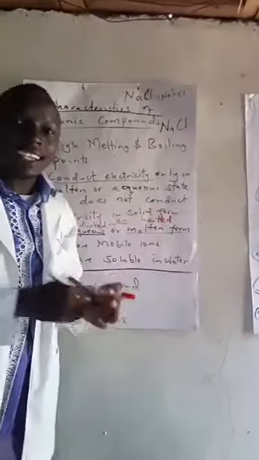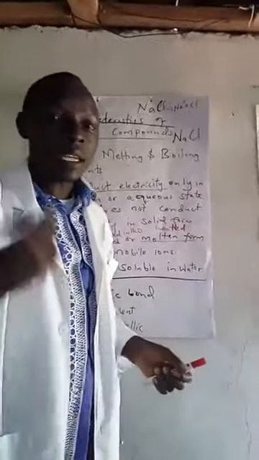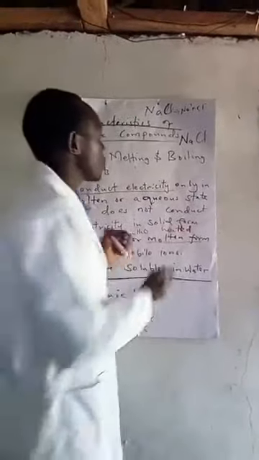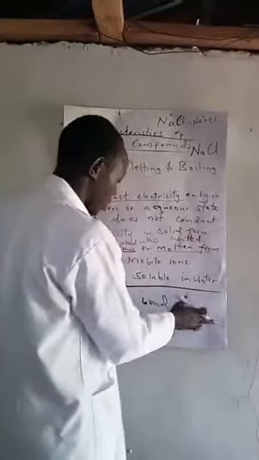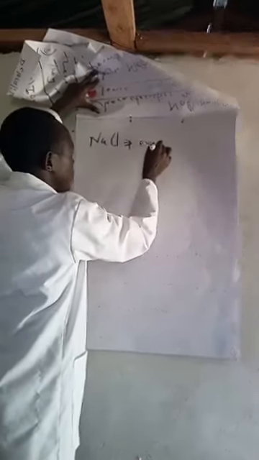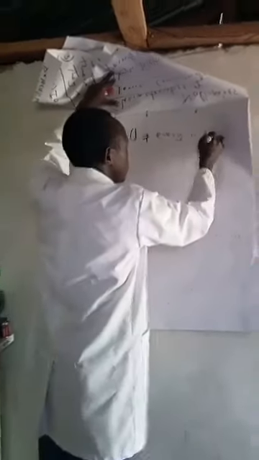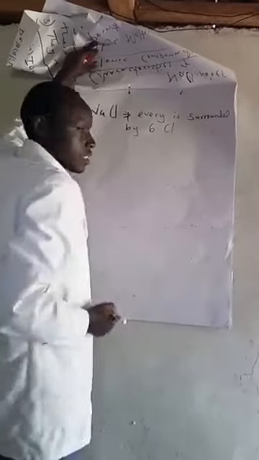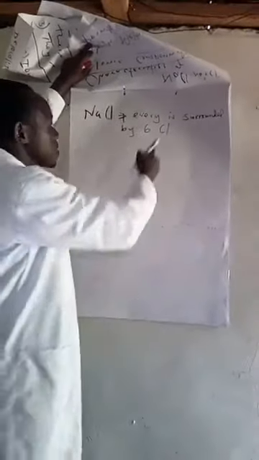I've said a structure is a repeated pattern. For example, in sodium chloride, every sodium is surrounded by 6 chlorines.